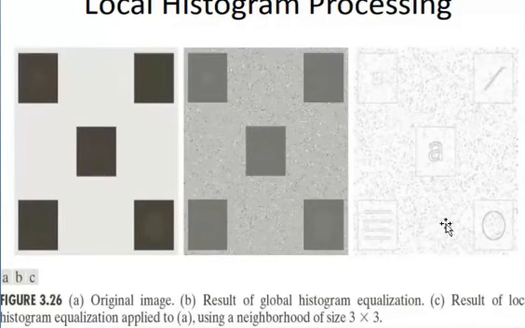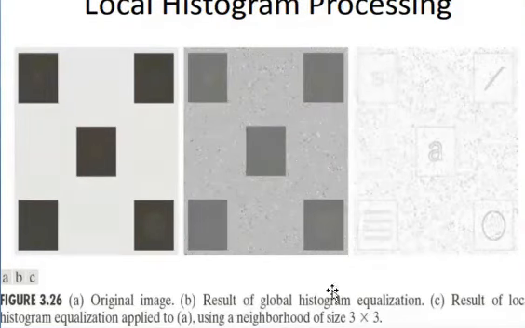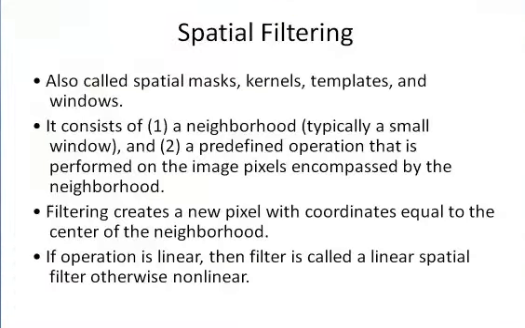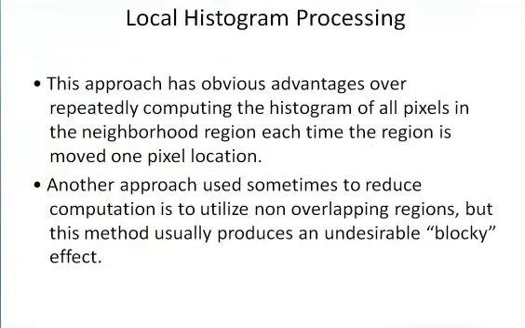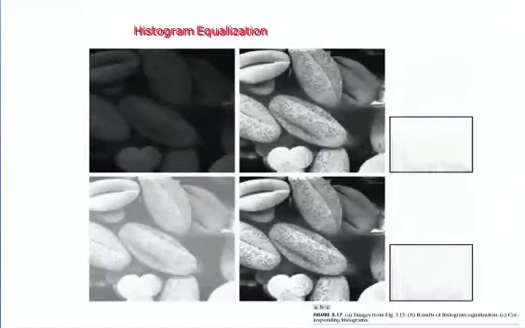Our main intention here is to enhance the image, to see the objects. And here is the variation between the global histogram and the local histogram. Observe this one. This is the difference between local and global.